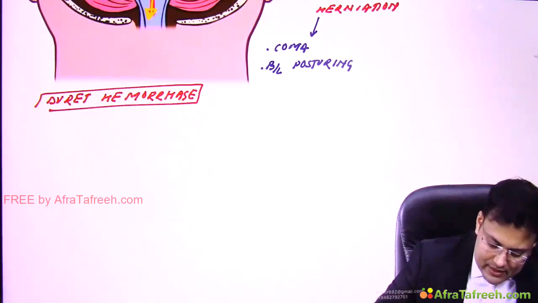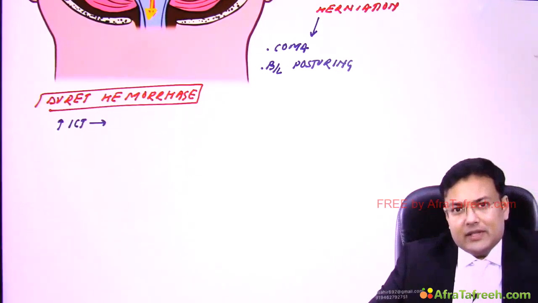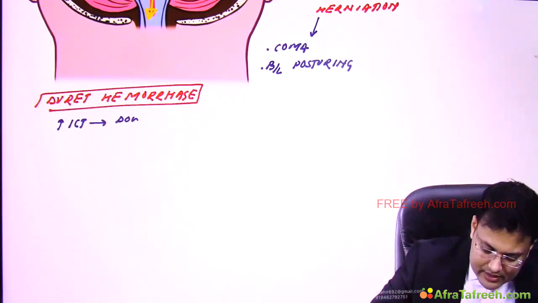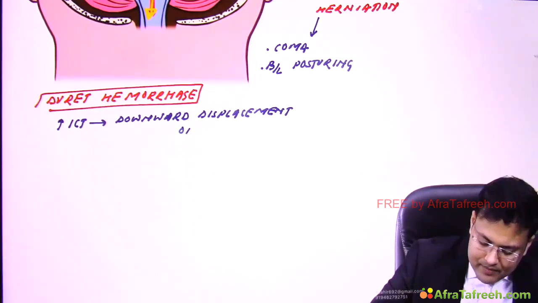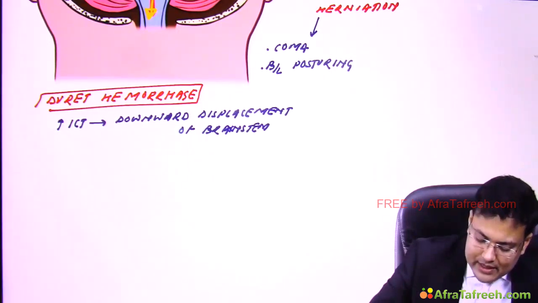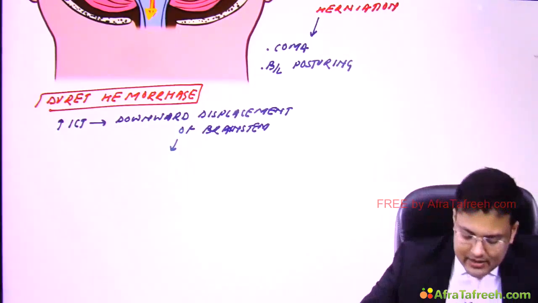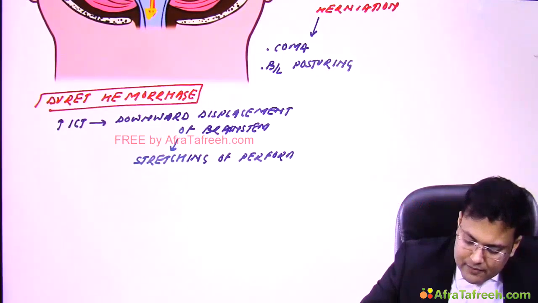So see what happens here. In these patients, there is raised intracranial tension. Because of this raised intracranial tension, there is downward displacement of brainstem, and because of this downward displacement, there is stretching of perforators of basilar artery.